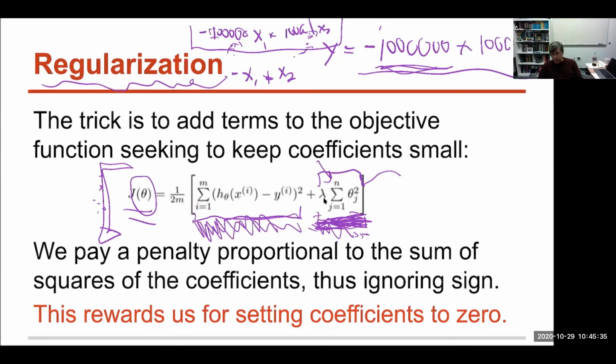Does everybody see that if we try to minimize the error, what we're going to end up doing is trying to fit the points well while keeping the coefficients small? If we keep the coefficients so small that the weight for that variable is 0, that is the same as eliminating that variable from the model.